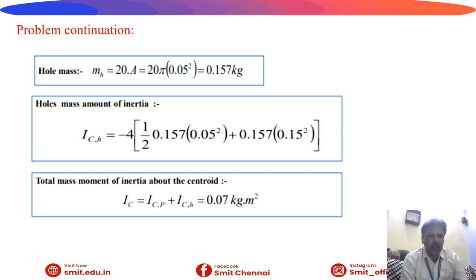The total mass moment of inertia about the centroid is I_C equal to I_CP plus I_CH, which is equal to 0.07 kg per meter squared. So this is the total moment of inertia up to the centroid.